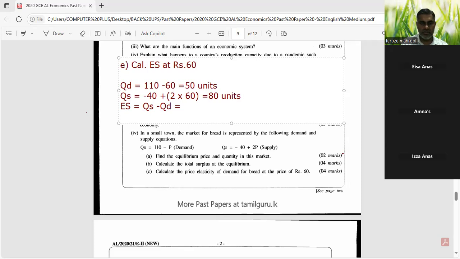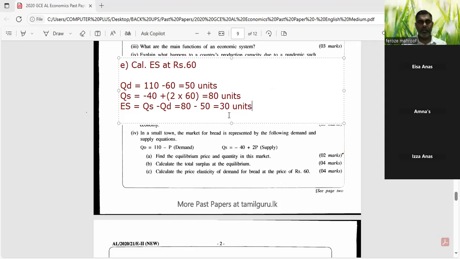The QS is 80. QD is 50. So the answer is 30 units.